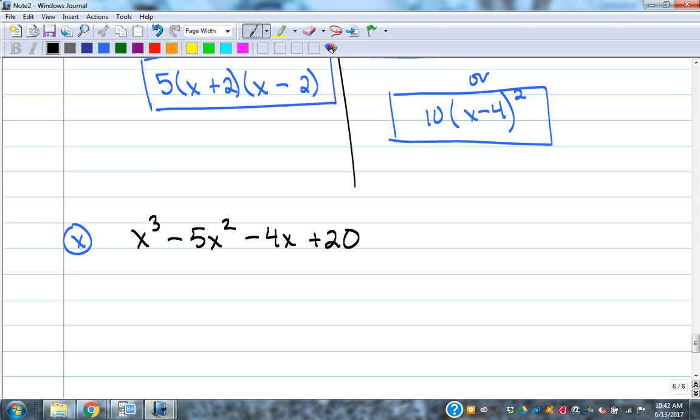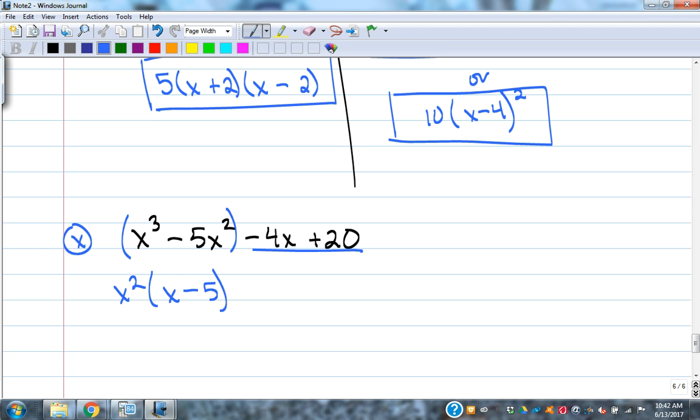You've got to split it out into pieces. Okay, and that's called grouping. So split up into 2 pieces. What's the GCF of the first 2? X squared, leaving x minus 5 in parentheses.